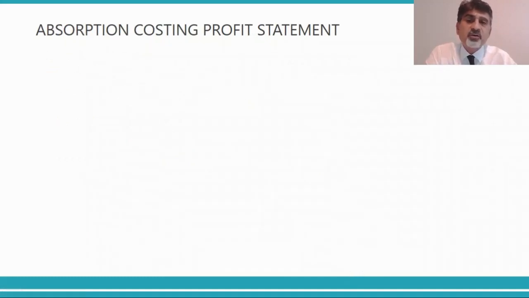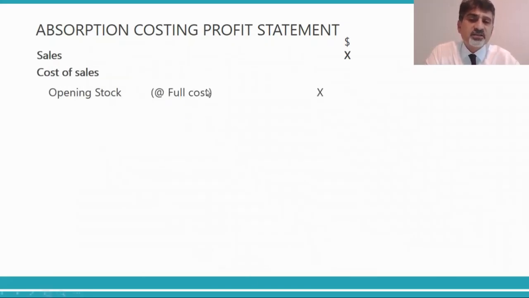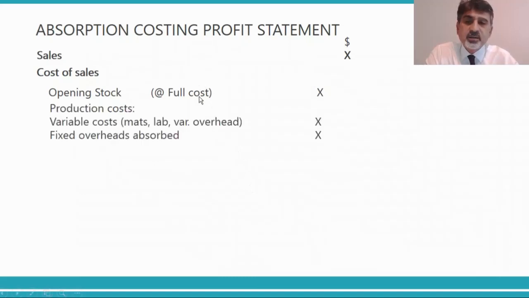Absorption costing profit, on the other hand, says sales, and then cost of sales: opening stock plus purchases, measured at full cost, which means with fixed overheads. Then you've got production cost, which is variable cost and also fixed overhead. This was not included in marginal cost; this we include here in fixed cost.